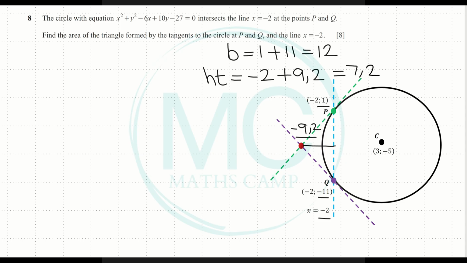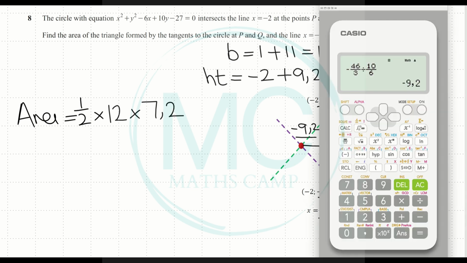Now that I have the base and the height, we can find the area. So we can say the area is equal to 1/2 multiplied by base, which is 12, multiplied by perpendicular height, 7.2.